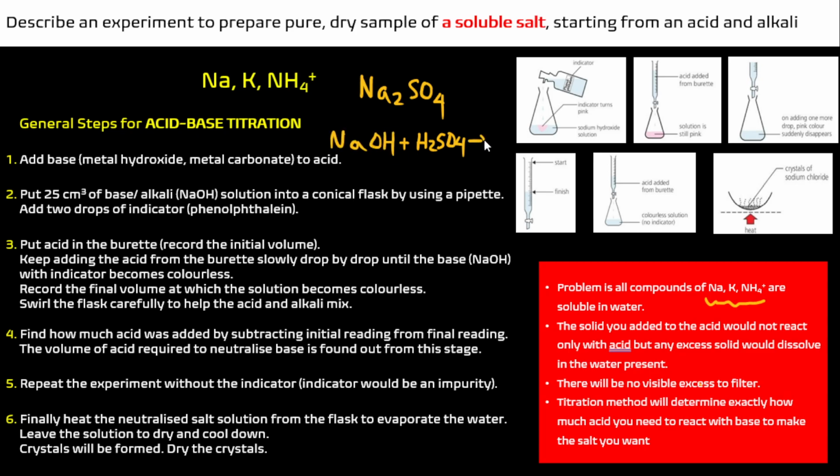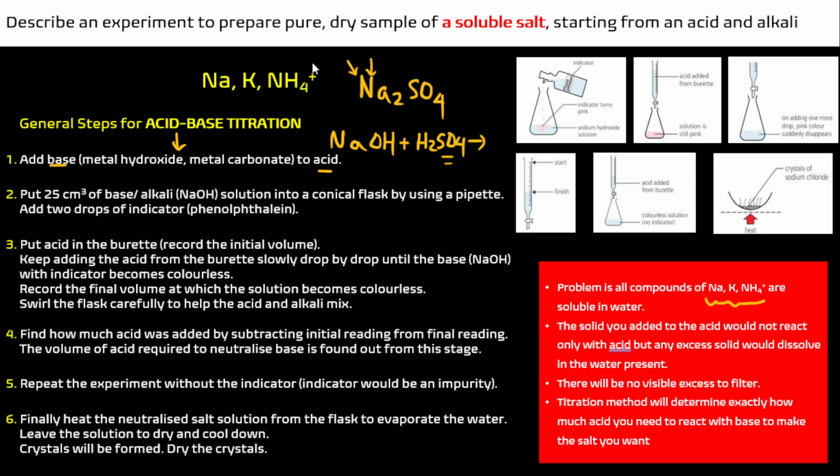The equation you have learned before in the previous chapter. So essentially, the entire acid-base titration works on the first idea. You're going to add your base, which is a metal hydroxide or metal carbonate, in this case sodium hydroxide, to acid, which is sulfuric acid, because we're trying to produce sodium sulfate here.